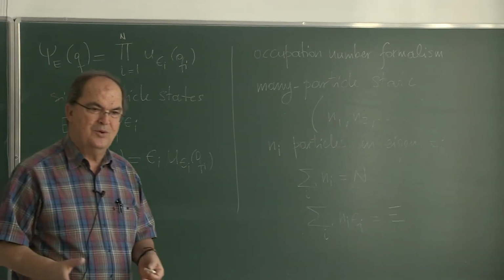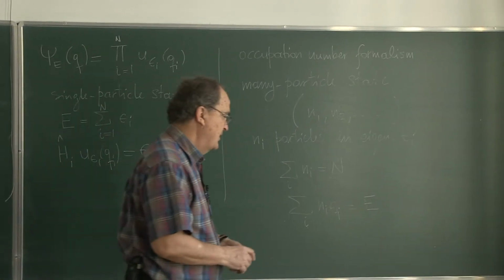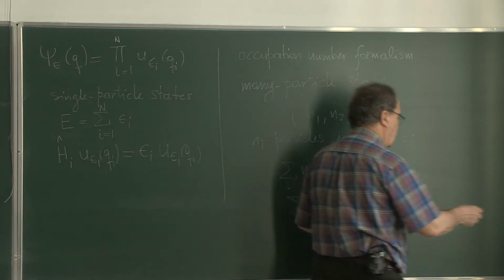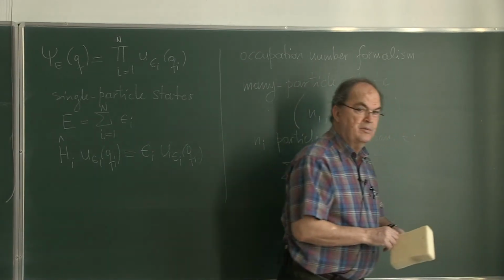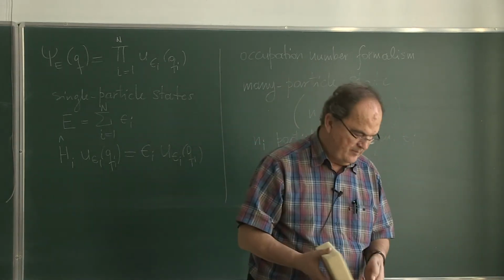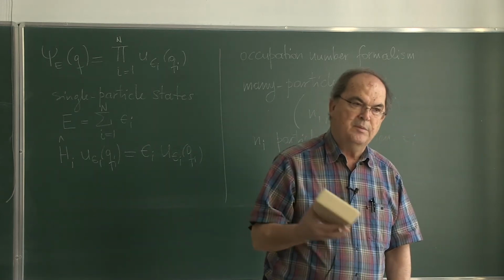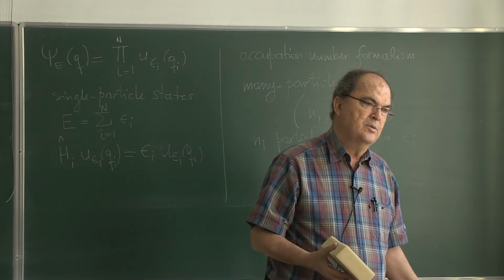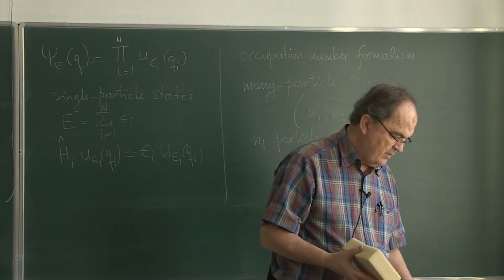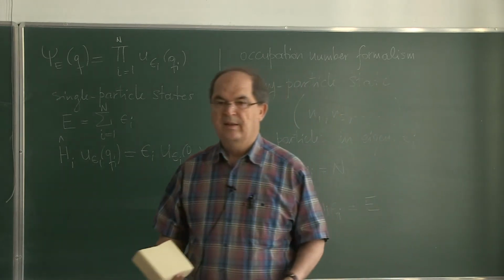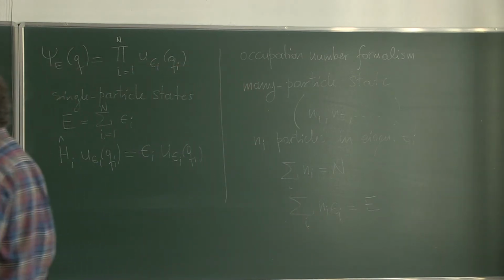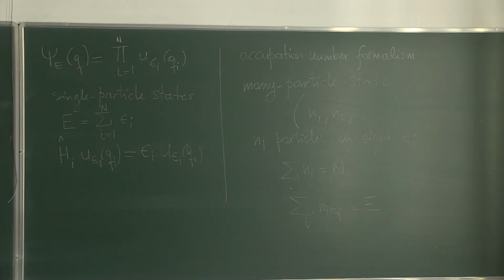Not too strongly, but kind of. Let's concentrate on fermions and bosons and their wave functions especially. What type of wave function can describe a system of fermions and bosons? What is the specific form and why? Let's discuss that problem.